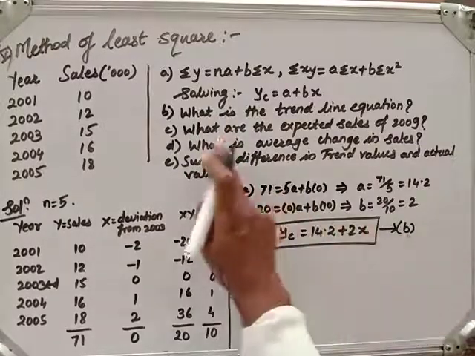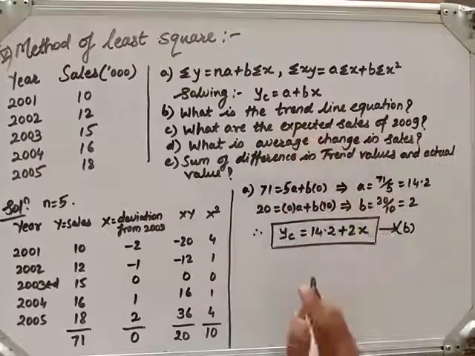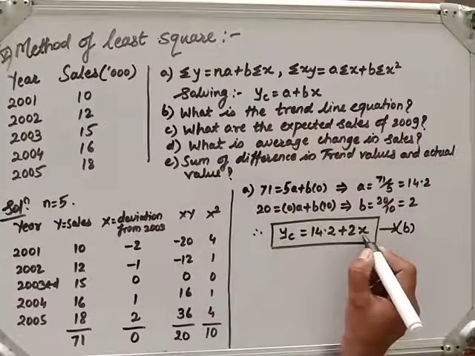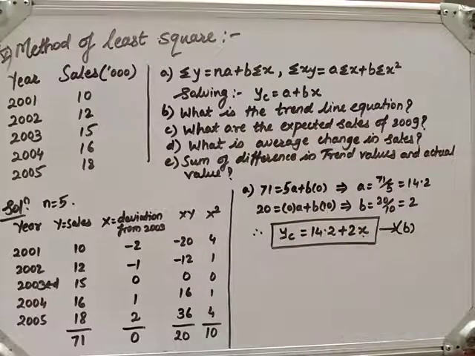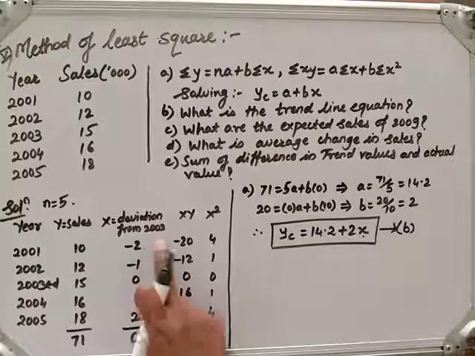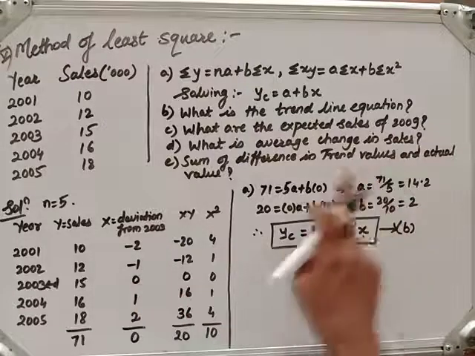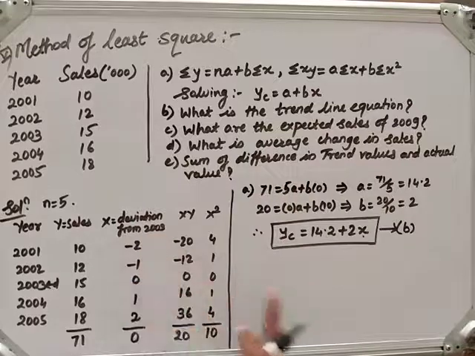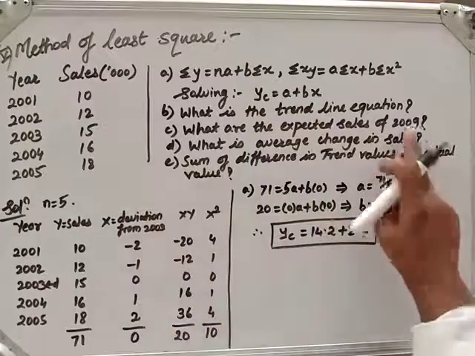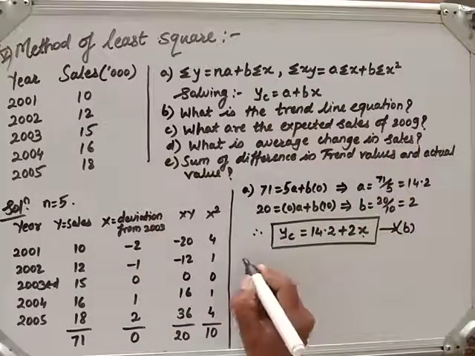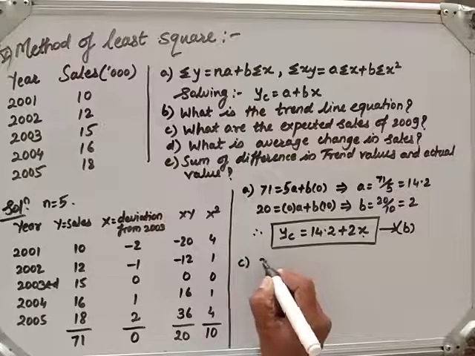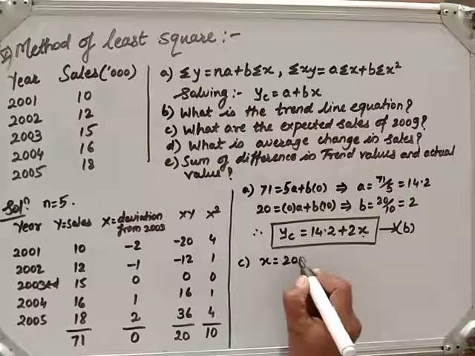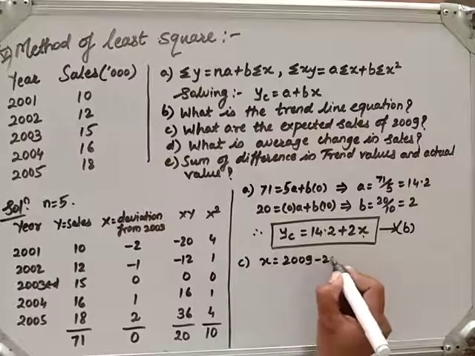Now C, expected sales in 2009. So put x equal to 2009, but x is not 2009, it is the deviation. So let's take the deviation of 2009 from 2003, meaning subtract 2003 from 2009. So for the C part, x is 2009 minus 2003.